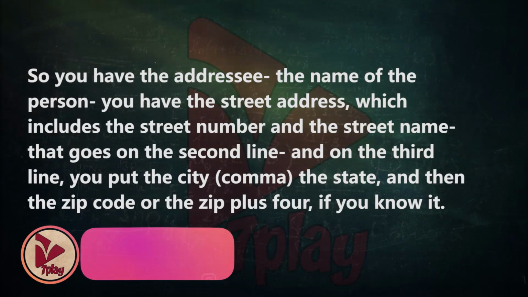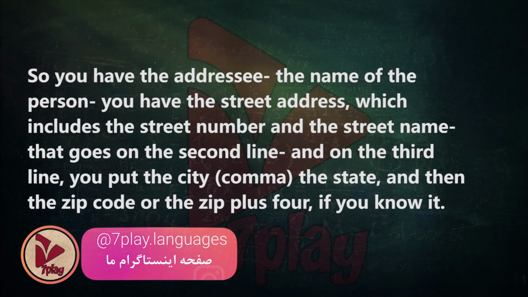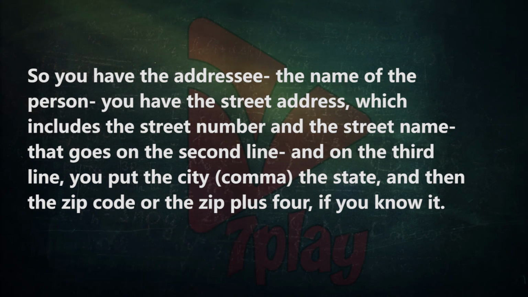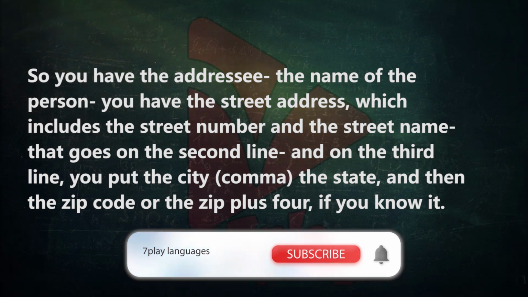So you have the addressee, the name of the person. You have the street address, which includes the street number and the street name. That goes on the second line. And on the third line, you put the city, comma, the state, and then the zip code, or the zip +4, if you know it.